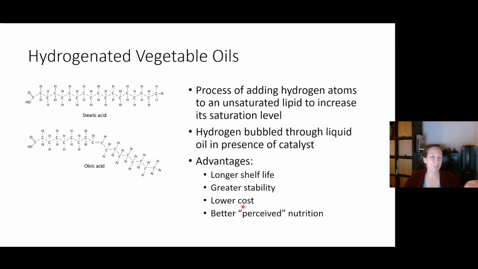But they're really not better for you if you completely changed their structure and made them more saturated and more like the animal fats. But there is this perception that the nutrition is better when you are eating margarine that is 100% corn oil versus pig fat. So not really an advantage, but an advantage from a marketing standpoint.